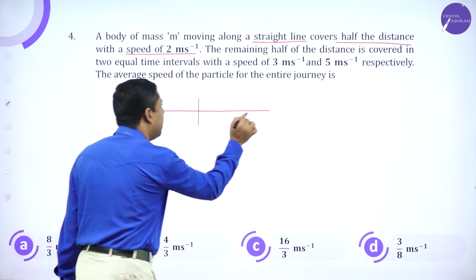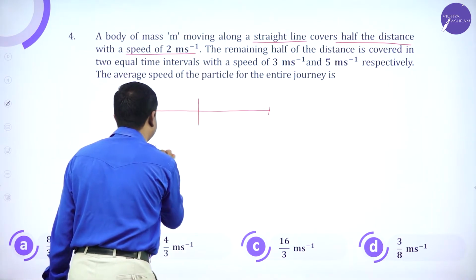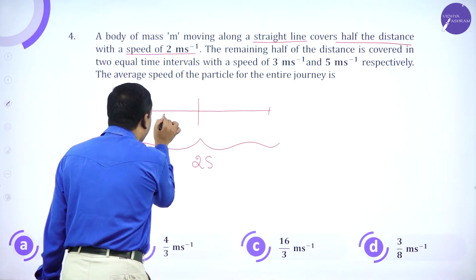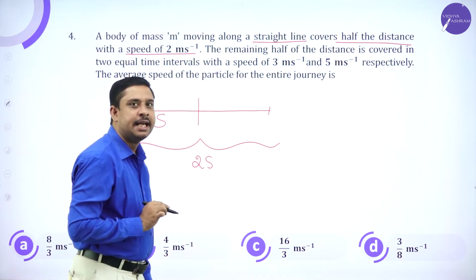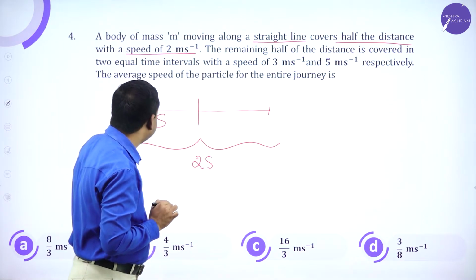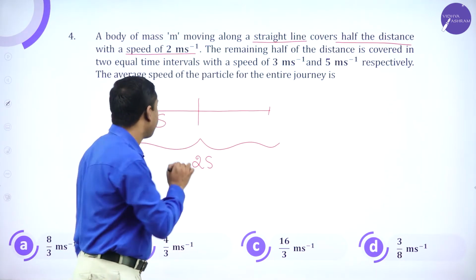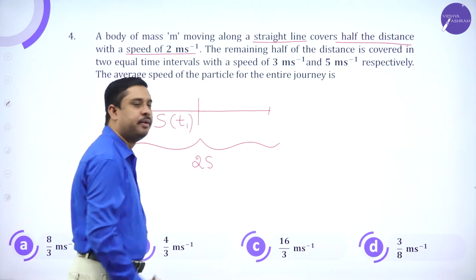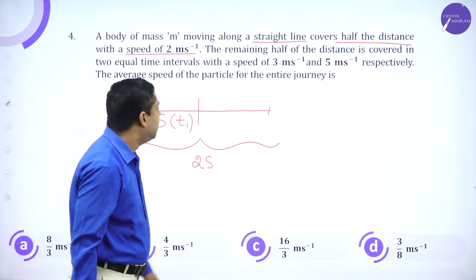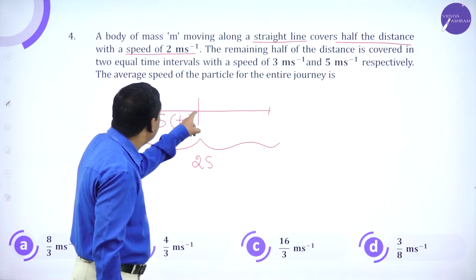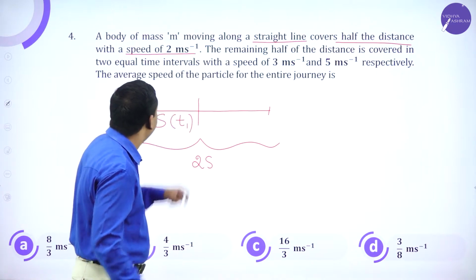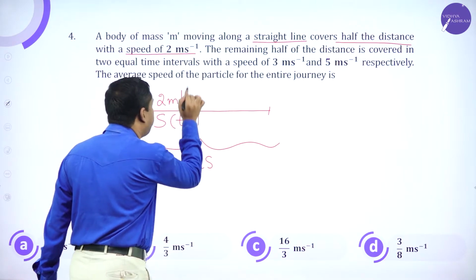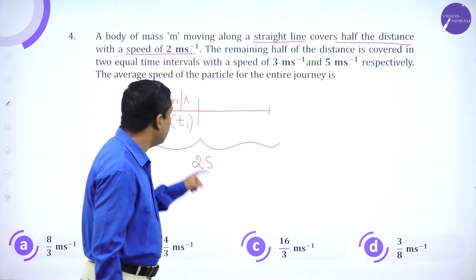So I say the actual distance covered is 2s. Half the distance covered, I say, is s, in a time interval t1, and the speed to cover half this distance is 2 meters per second.